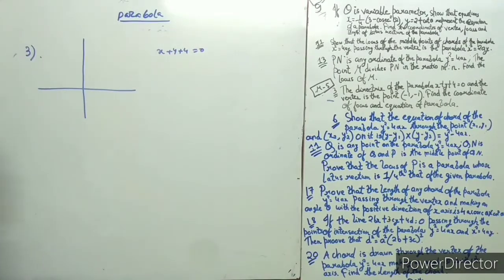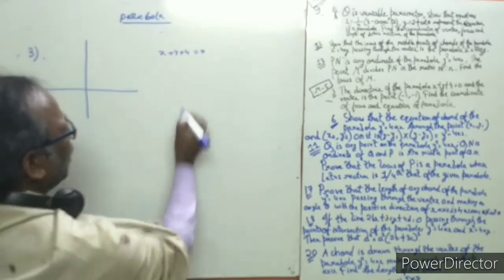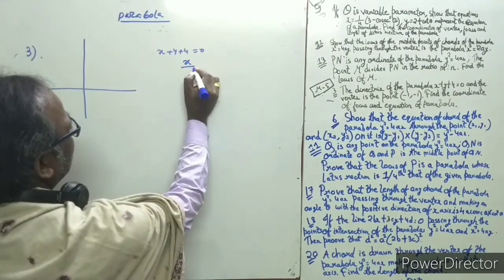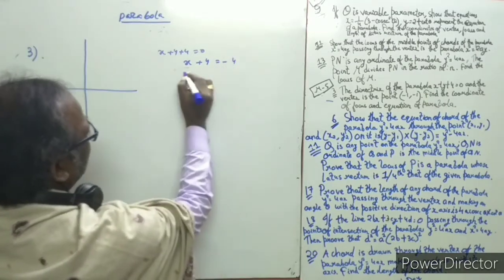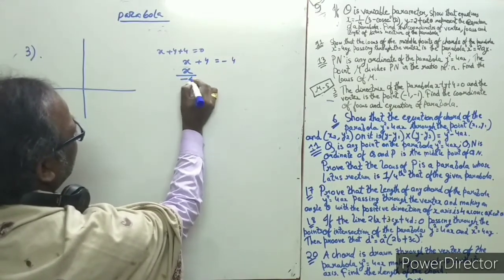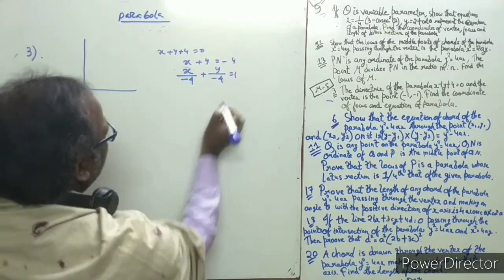For plotting the line, you should always arrange the straight line in intercept form, so you can easily draw it. So x plus y is equal to minus 4, so x by minus 4 plus y by minus 4 is equal to 1.